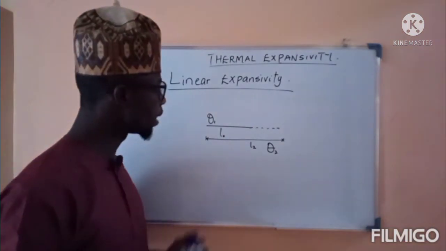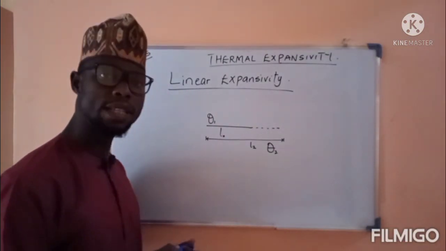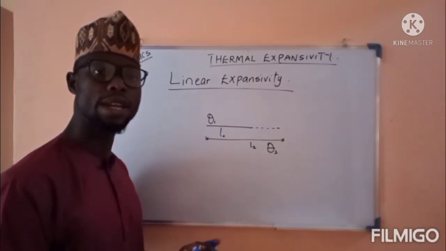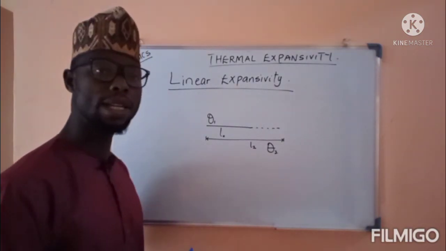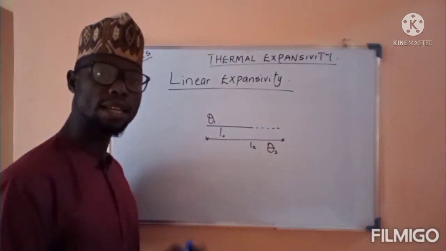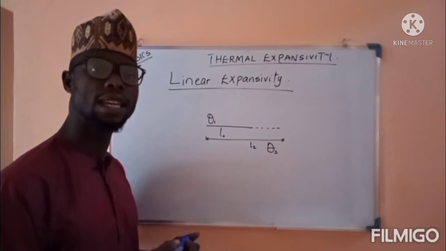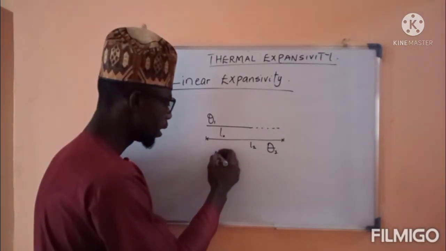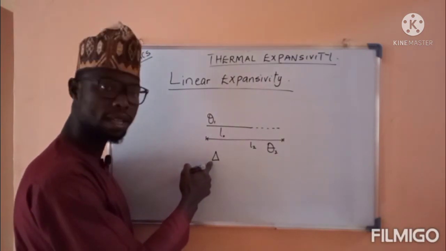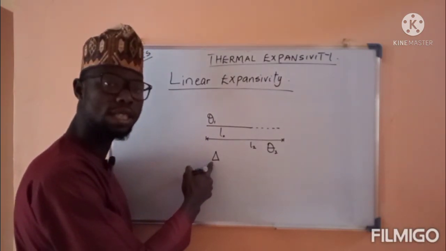Now you believe me that there is an increase in length. How do we get the amount of increment, which we can call increase in length, extension, or change in length? Change in length with this sign, delta. Anytime you see the delta symbol, it shows change.